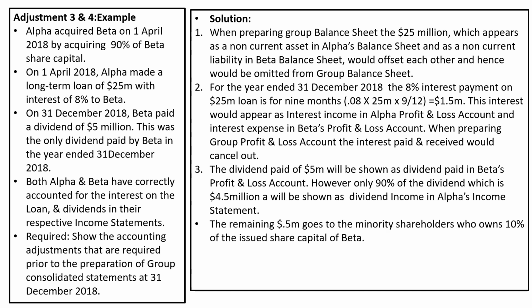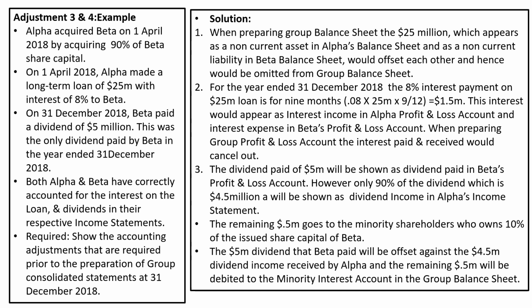The remaining 0.5 million goes to the minority shareholders who own 10% of the issued capital of Beta. Therefore, the 5 million dividend that Beta paid will be offset against the 4.5 million dividend income received by Alpha, and the remaining 0.5 million will be debited to the minority interest account in the group balance sheet.